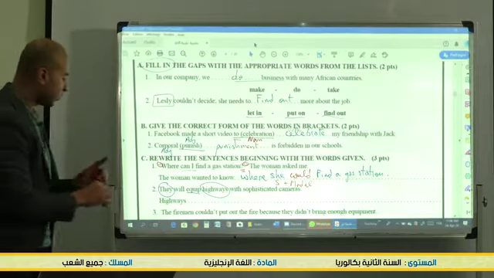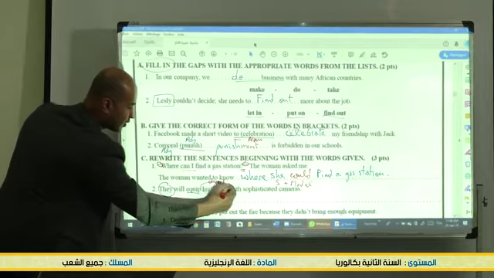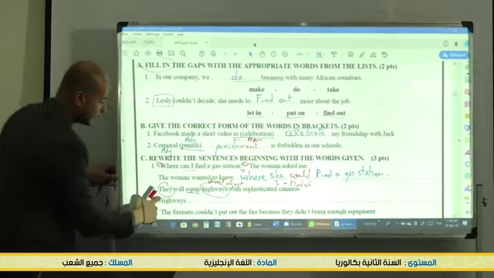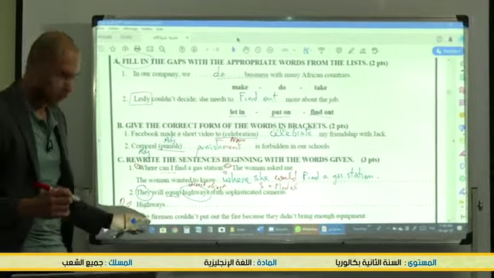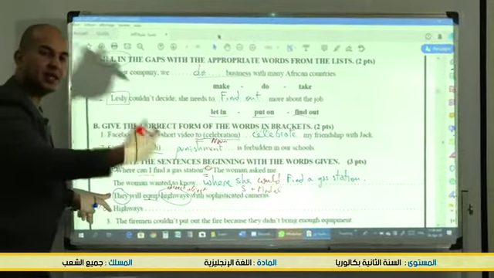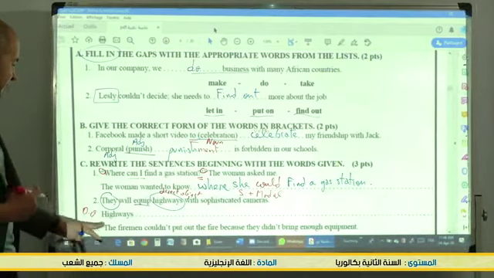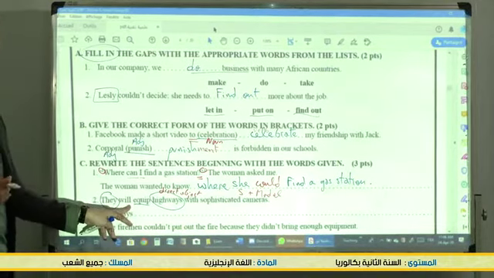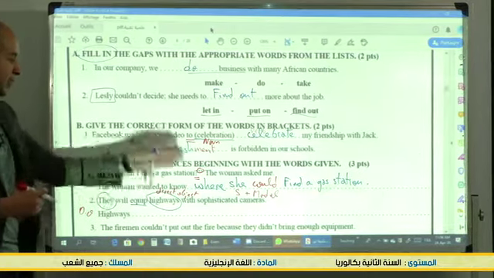Which lesson is this when you have the direct object? When we start our sentence with the direct object, it's the passive voice. When we start with the doer, that's active. When I say "I finished the work," that's the active form. If I say "the work," that's the direct object, so it's passive voice. This is the passive voice with will. Now, how do we use the passive voice with will? They will equip highways.